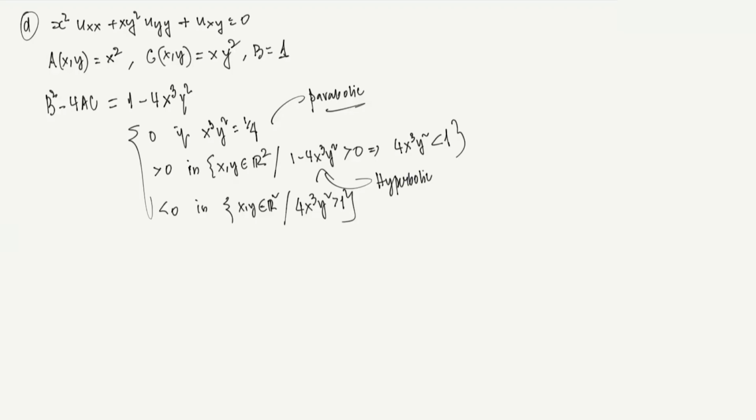We don't care, but there is some region which looks like this, and in that region this is elliptic. So you do realize that this depends on the point x and y where we are choosing it, and depending on the region, the equation may behave like a parabolic, a hyperbolic, or an elliptic equation. That's the point.